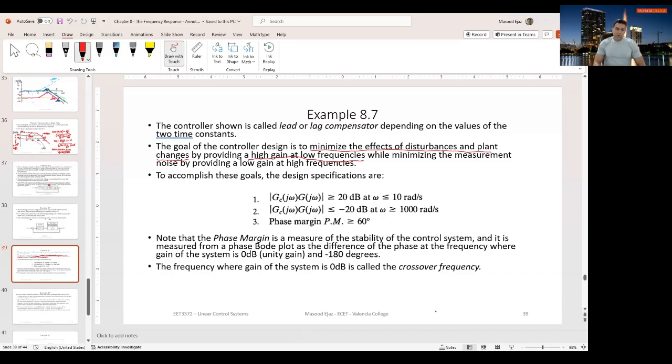And we also want to reject the measurement noise. And to do that, we want a low gain at high frequencies. So these two things we are looking for. Again, we are trying to relate it with the frequency domain. So the gain of the controller circuit has to be high at low frequencies and low at high frequencies.